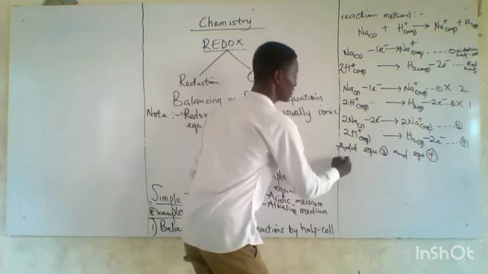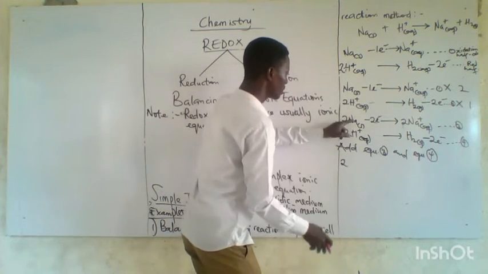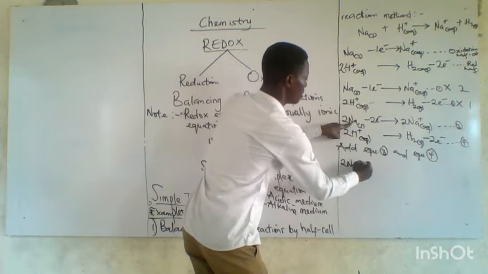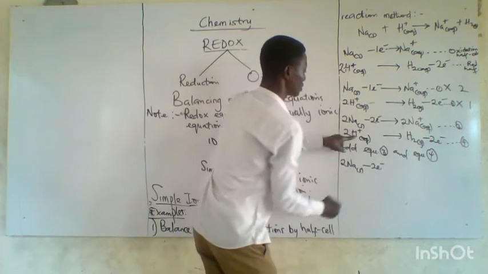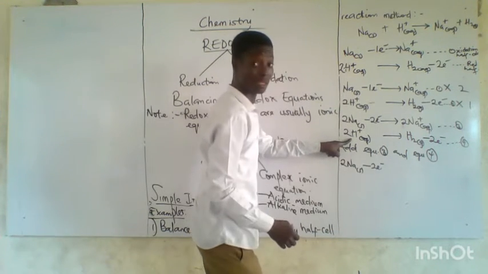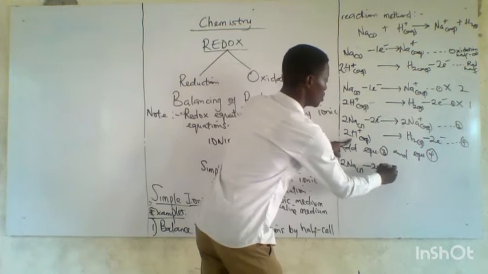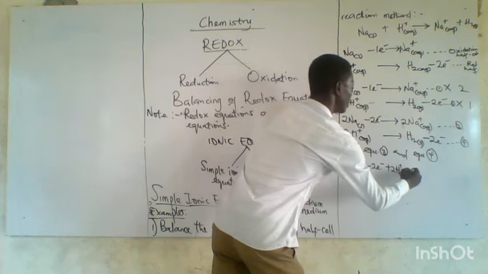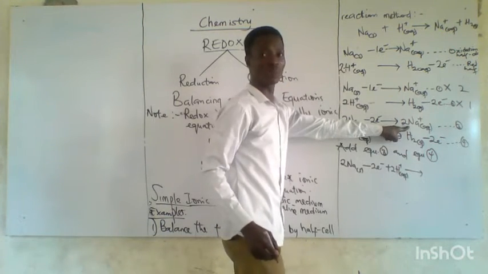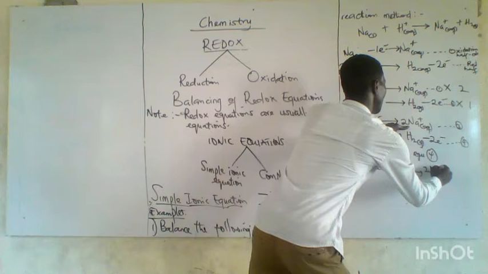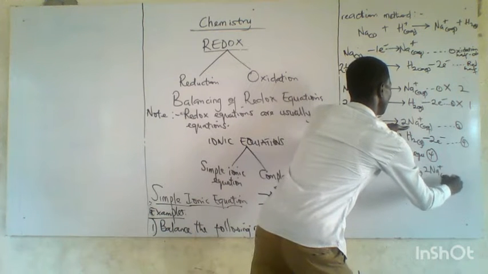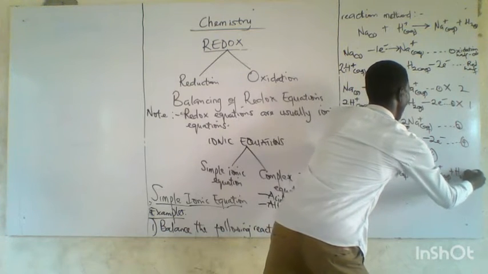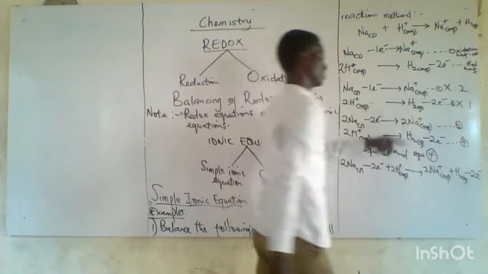Do you hear that? So I have 2 sodium solid, minus 2e minus. I'm adding this. That's the reduction now. I have plus 2H plus aqueous to give, I'm moving to the product side, 2Na plus aqueous plus H2 gas minus 2e minus.